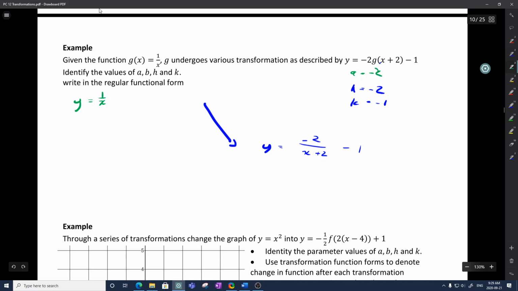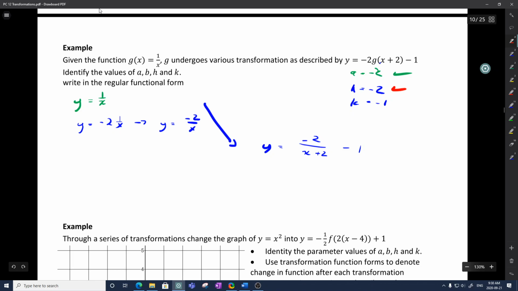Then I move on to the next. I'm going to try to multiply by negative 2. So if I multiply the function by negative 2, it becomes y is equal to negative 2, 1 over x, which really is y is equal to negative 2 over x. The next step is I'm going to take care of this h.